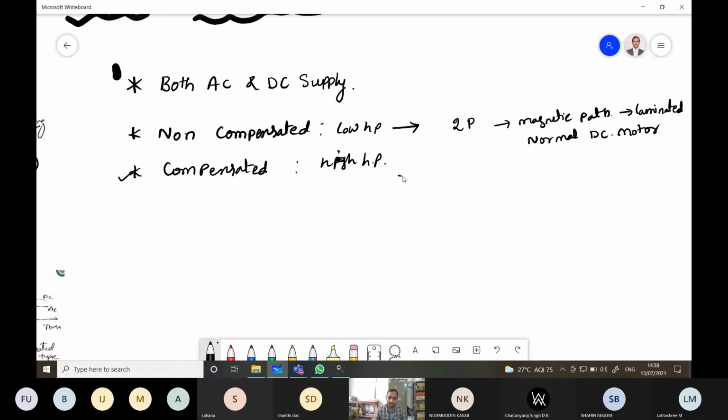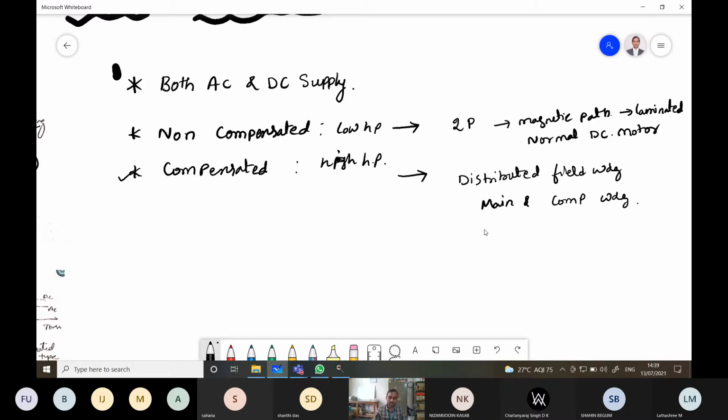So in compensated type, the motor has a distributed field winding, consisting of main winding as well as compensated winding. Both windings are present here.